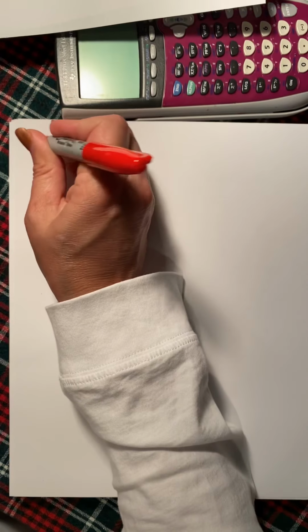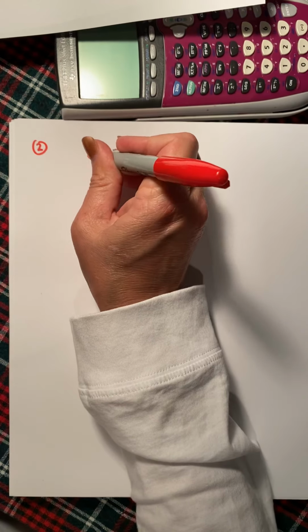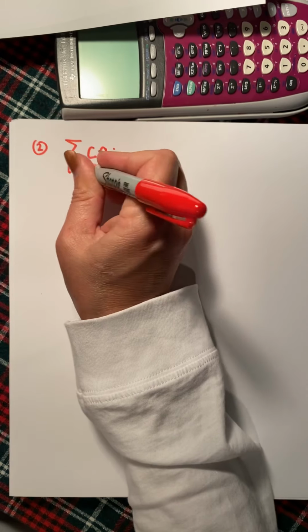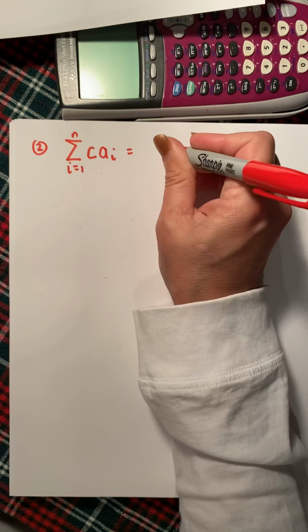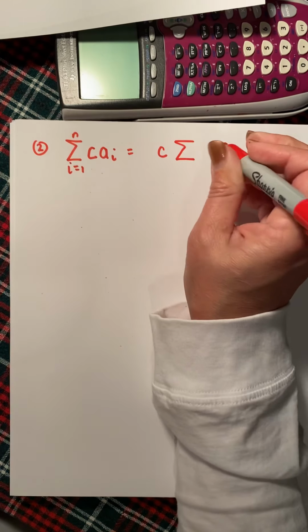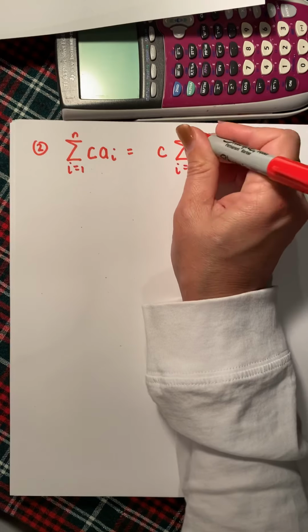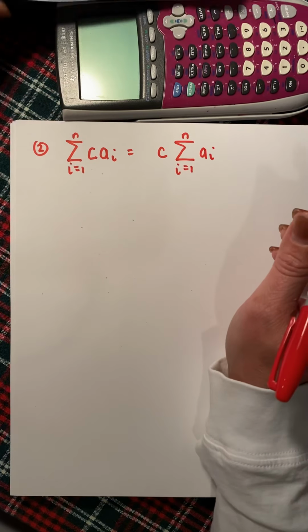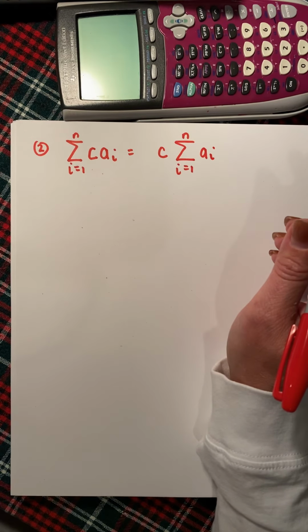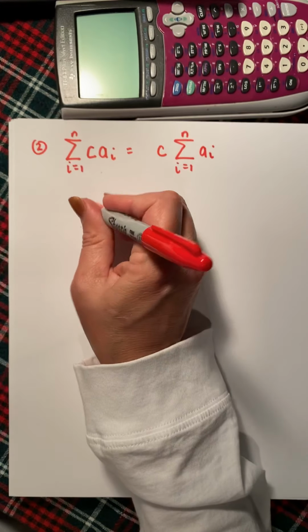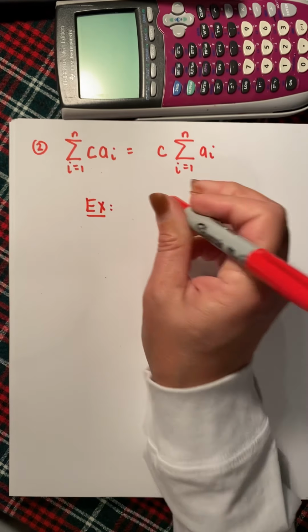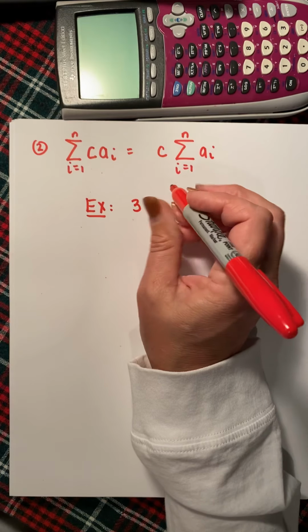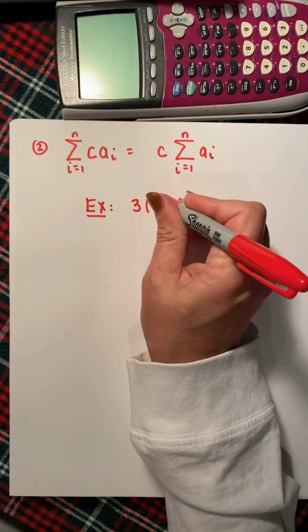All right, the second property says if you have a constant times the terms of the sequence and then you add that up, you can pull this out and maybe it will make the math easier. I'm going to go back to this guy. For example, let's suppose I had 3 times 1 over n.